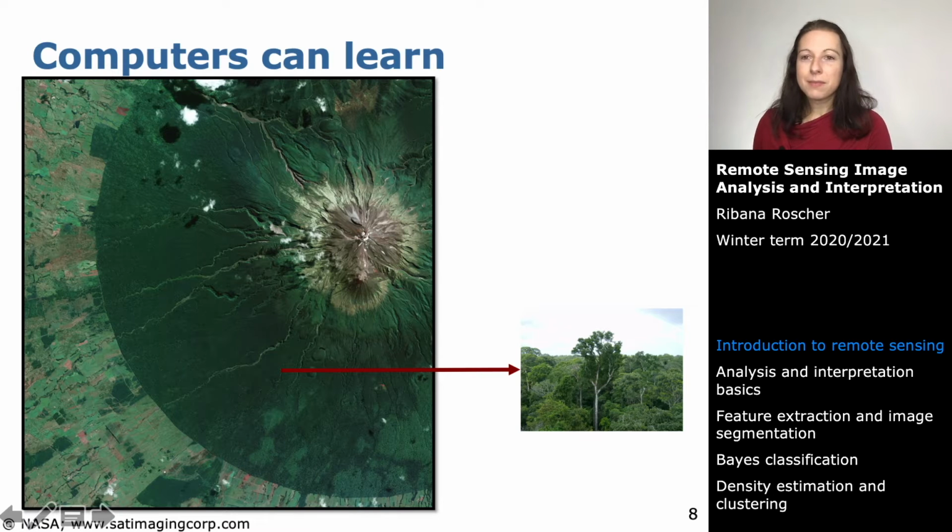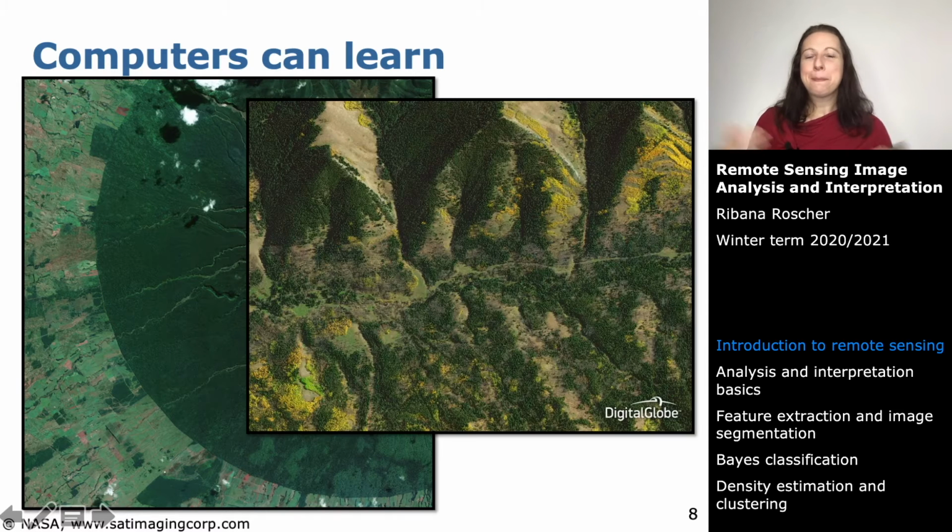But now it's not that easy. Now the computer hasn't seen so far that there are also seasonal changes. So forest is not always green. Forest can be quite colorful in fall, as right now.